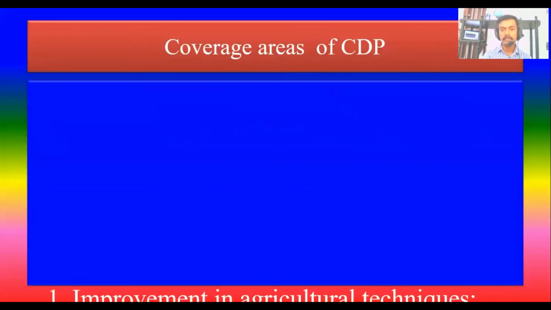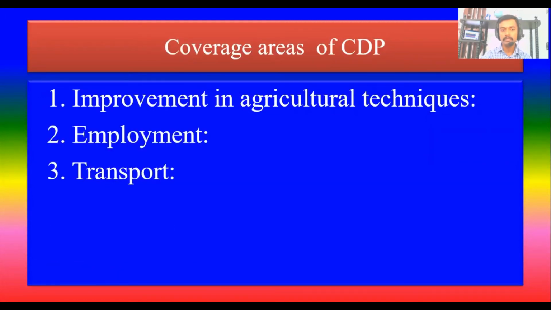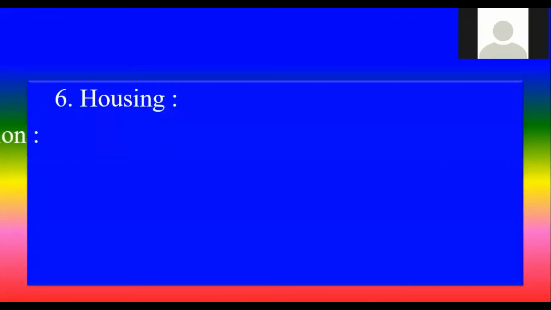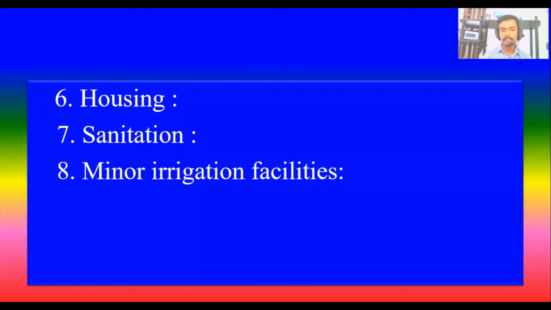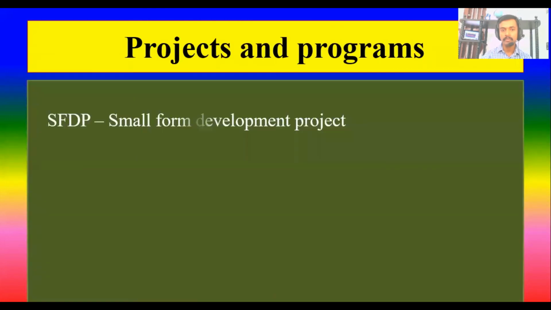Then coverage area of CDP: improvement in agricultural technique, employment, transport, education, health, housing, sanitation, minor irrigation facilities, development of cooperation.